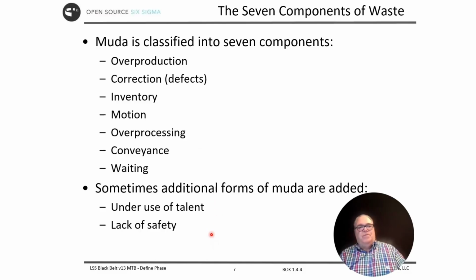Some add in a couple of additional wastes, so the underutilization of your people. So if they're waiting, they're not utilized to do good work. And then the addition of safety. So if we're not being safe in the workplace, then it doesn't really matter where our wastes are coming from.